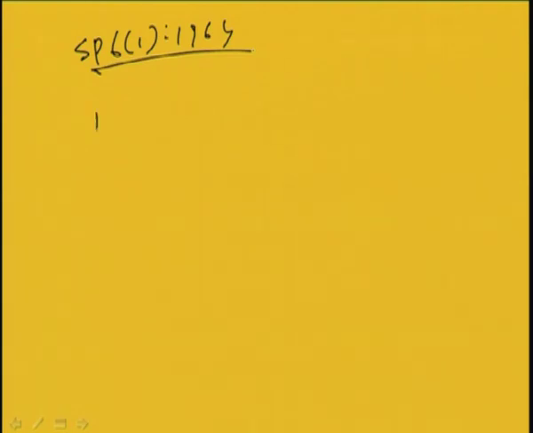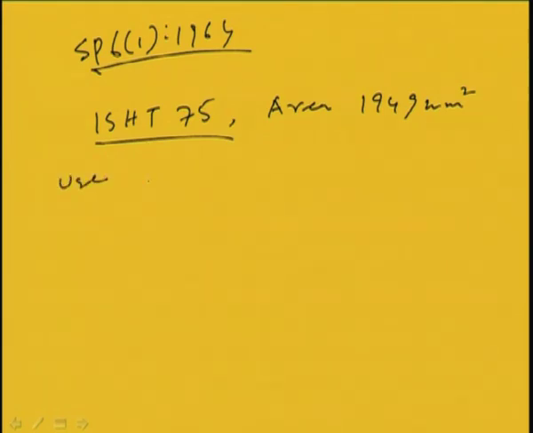If we use ISHT 75, the area is around 1949, which is closer to that. So we will use ISHT 75, and also, because nothing is told, let us use 20 mm power driven shop rivet.